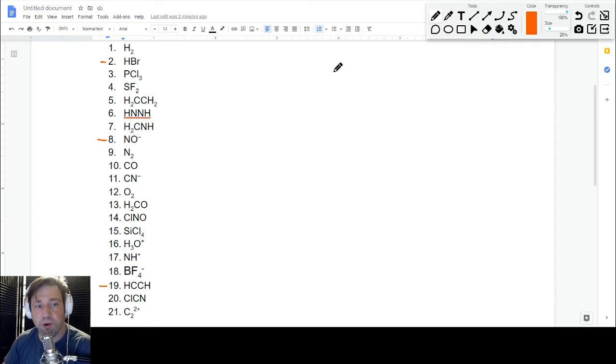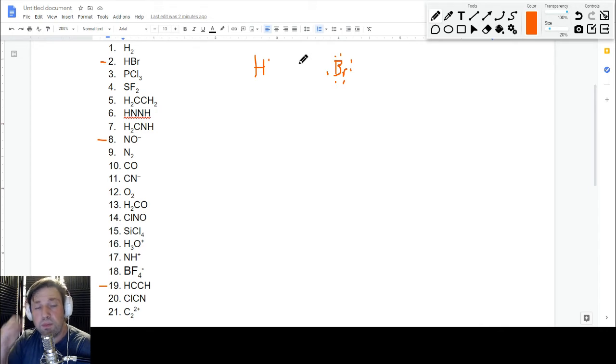So hydrobromic acid has 1 hydrogen and 1 bromine, right? For the Lewis structure, hydrogen has 1 electron, and bromine has 1, 2, 3, 4, 5, 6, 7 electrons. Already you can kind of see how this is going to turn out, right? But let's keep going through the process.